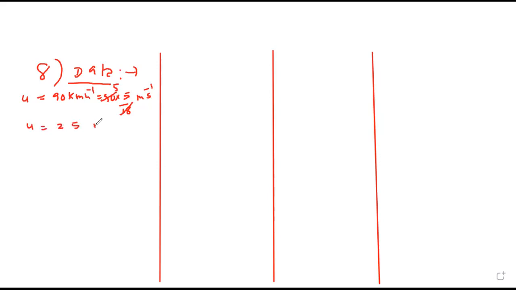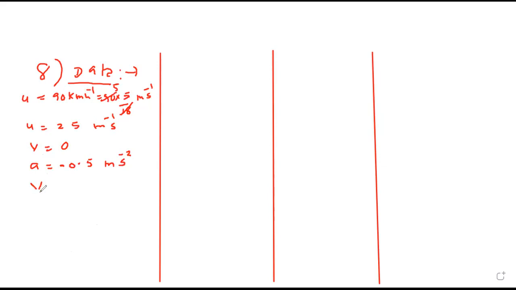U is 25 meter per second. It is brought to stop, so v is 0. After applying brake, which gives retardation, that means negative acceleration of minus 0.5 meter per second square.